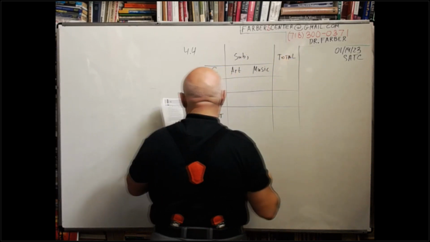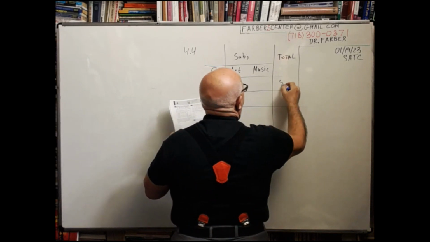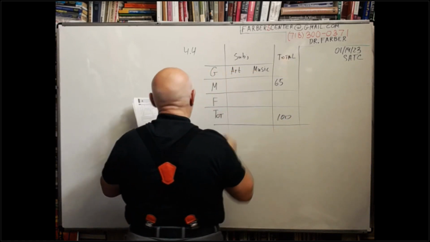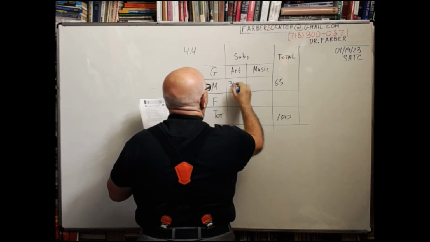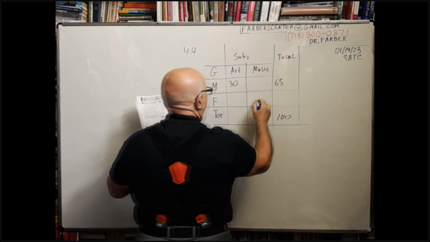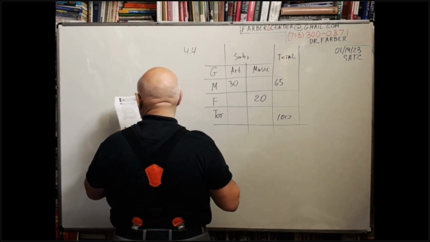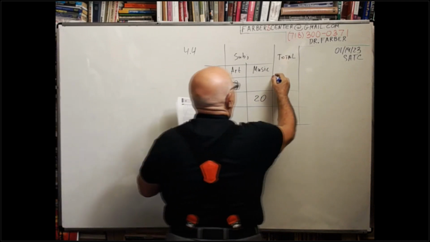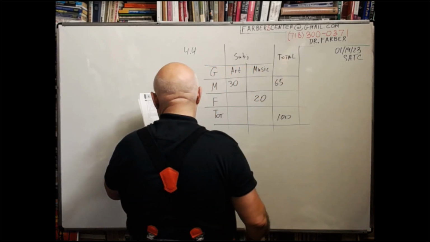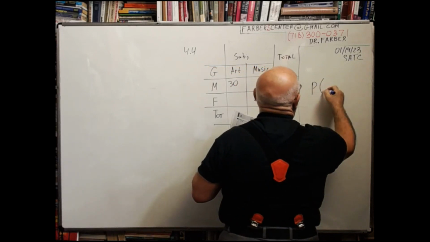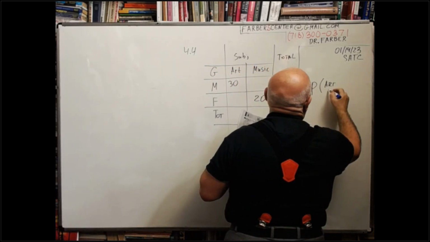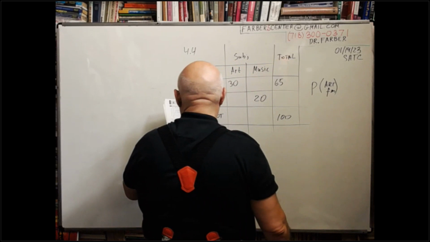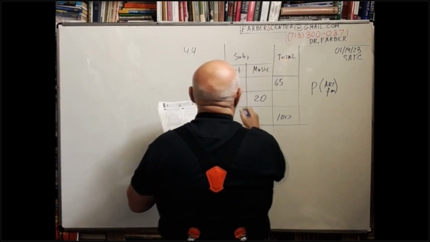And they give a few values: 65, 100, 30, 20. Did I miss something? 30, 20, 65. Okay. They ask you the probability art female. Art female. So you have to find this value.